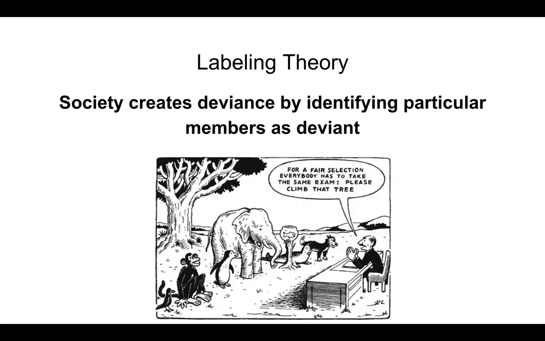Along with this is this idea of labeling theory, where society creates deviance by identifying particular members as deviant. There is no particular reason for that. The person who is identified as a deviant may or may not do things that are necessarily deviant, but their behavior is identified as deviant even before they might commit a deviant act.